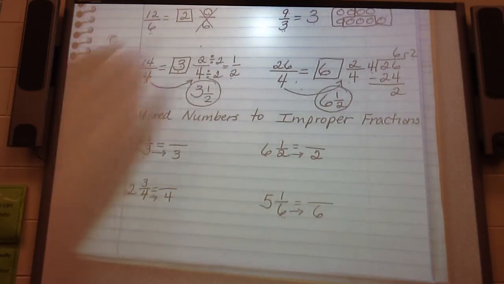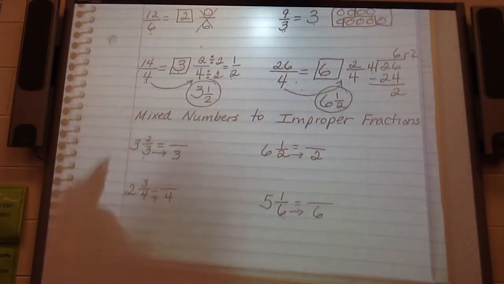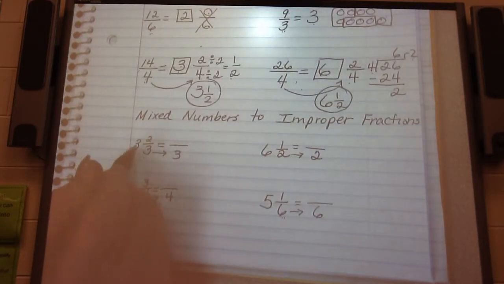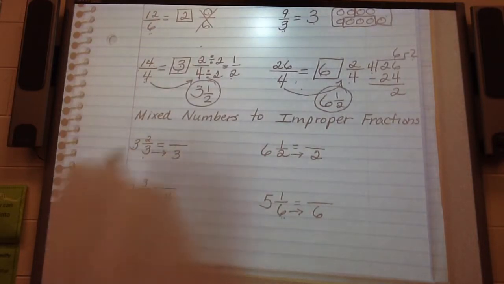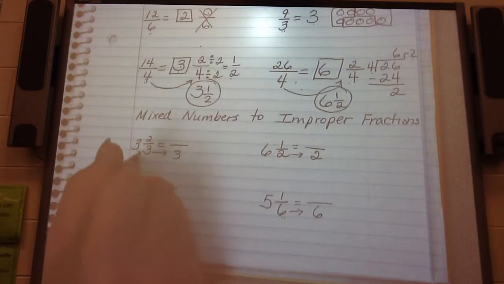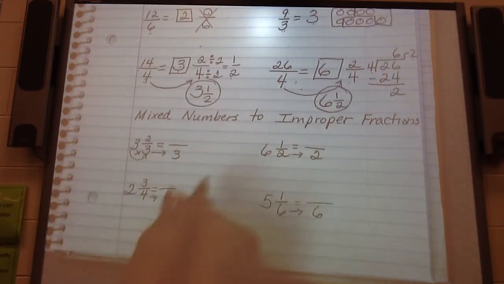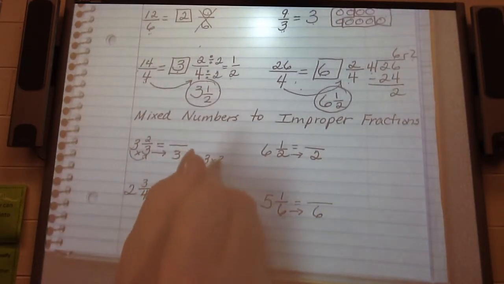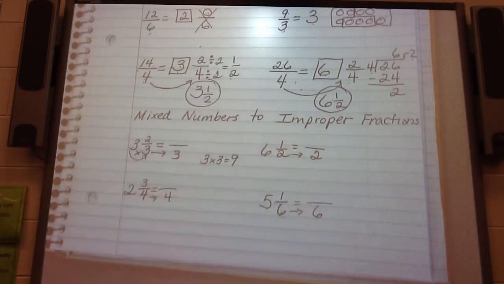It's kind of the reverse of what you did up there. So, first you're going to multiply. You always start at your biggest number. That's your whole number. It's larger than the other numbers. It's sitting out in front by itself, and it's going to get multiplied. So it's going to multiply against the denominator. And 3 times 3 equals 9.